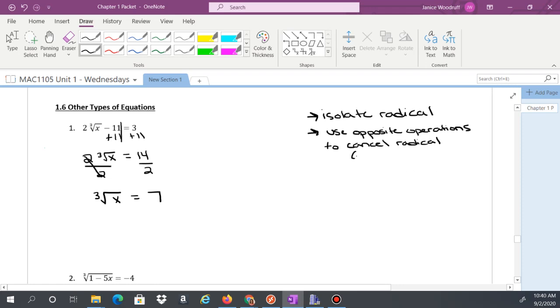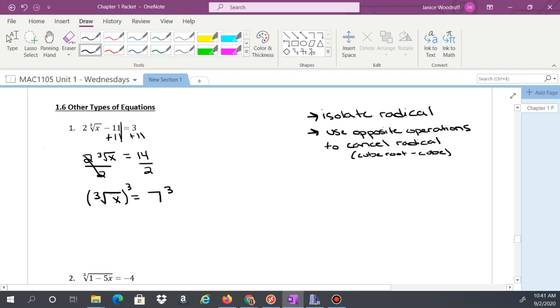We say opposite operations just because the opposite of square root is squaring. If it were a 4th or a 5th root, you would raise it to that power. So you're raising it equal to the index of the power. So I would cube this, and I would also cube on this side.